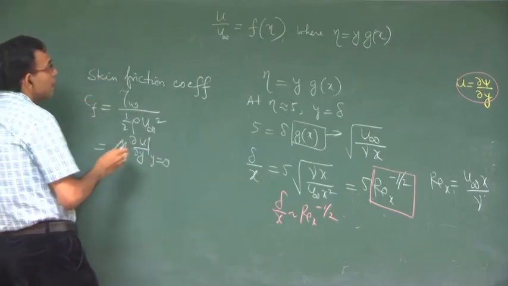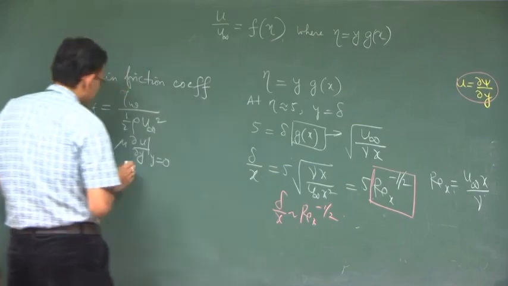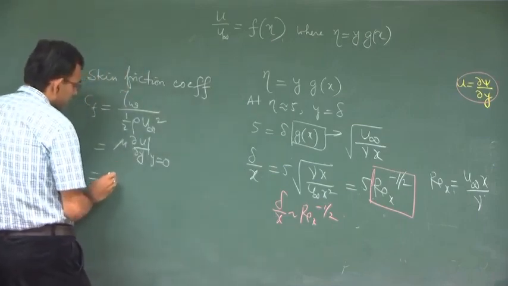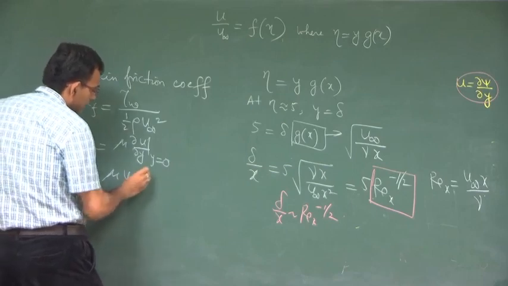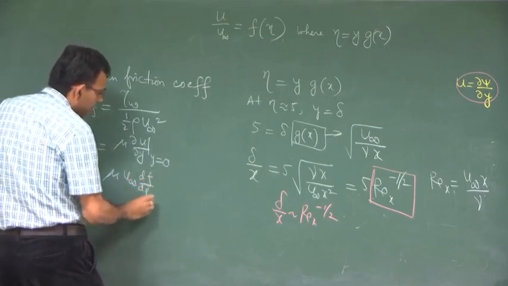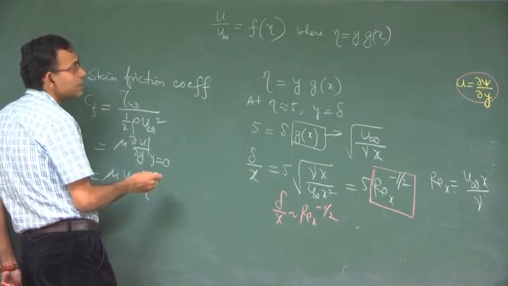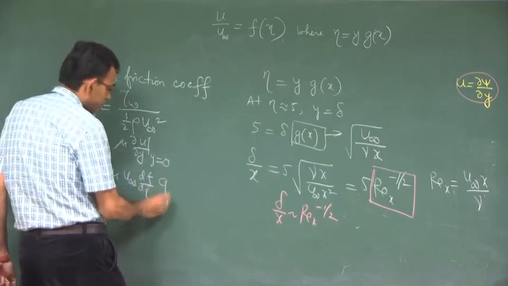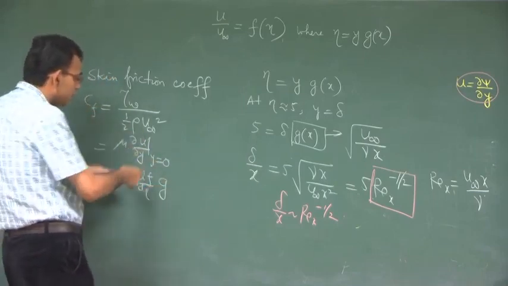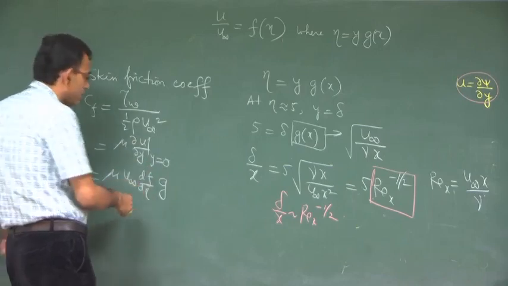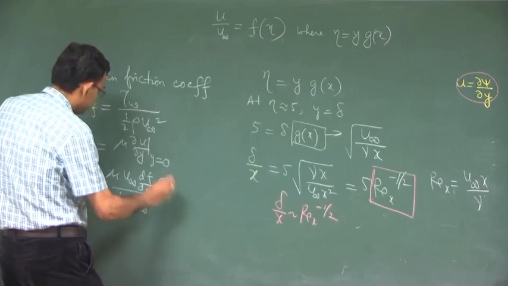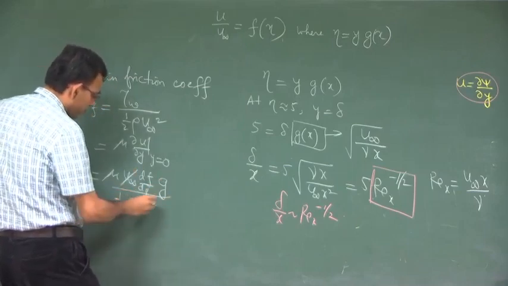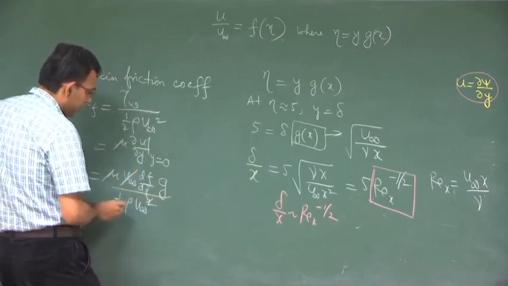So, this is mu u infinity df d eta into del eta del y is g, right, because we have to get the solution in terms of our variable that we have solved, by half rho u infinity square. So, u infinity and u infinity will be cancelled.